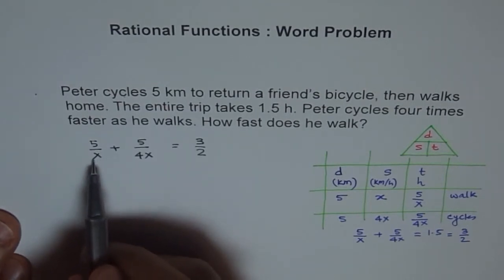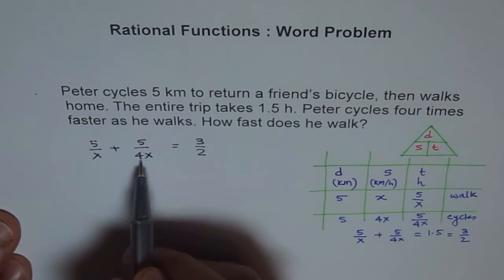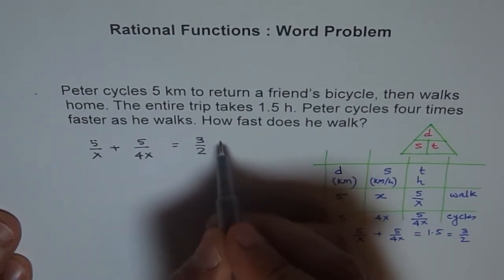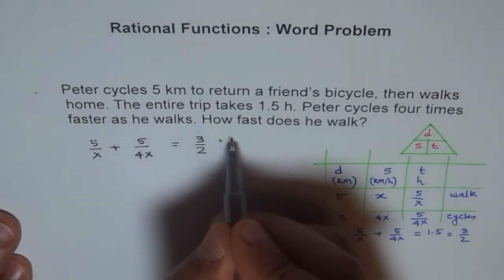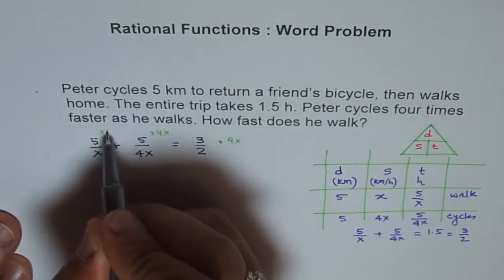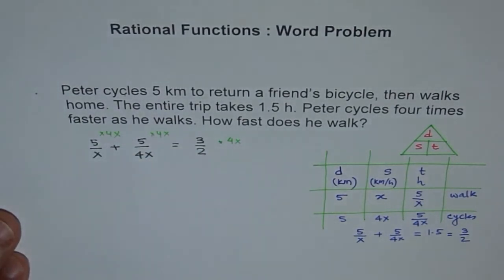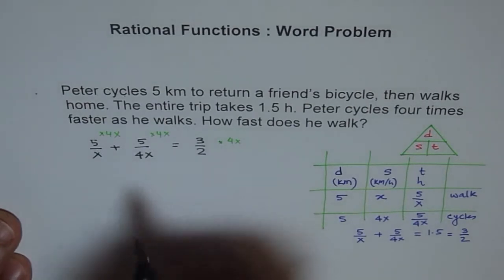So here x, 4x and 2, so the lowest common denominator works out to be 4x. So we can multiply each term by 4x. Do you see? Times 4x. Once we do that, we can simplify and write it without fractions.